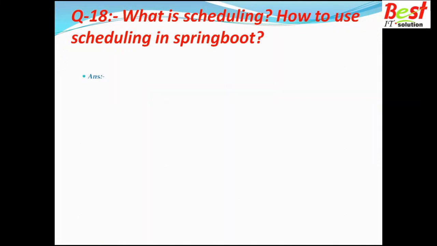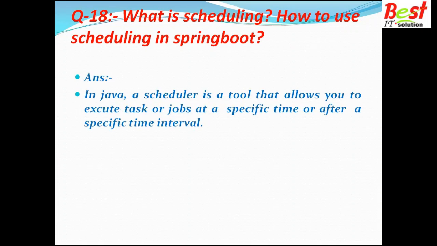What is scheduling and how to use scheduling in Spring Boot? In Java, a scheduler is a tool that allows you to execute tasks or jobs at a specific time or after a specific time interval.